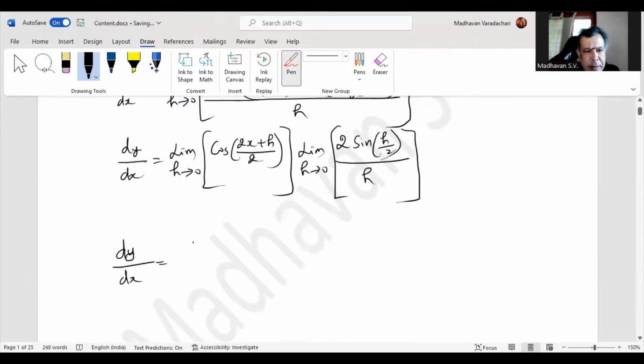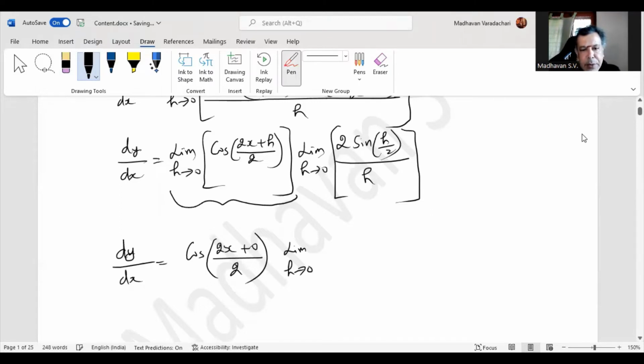So this is nothing but cos of (2x plus 0) divided by 2, after applying the limit in the first limit. Then the second limit will be modified as limit h tends to 0 of sin of h by 2. I'm going to bring this 2 to the denominator, so it will go to the denominator of h.